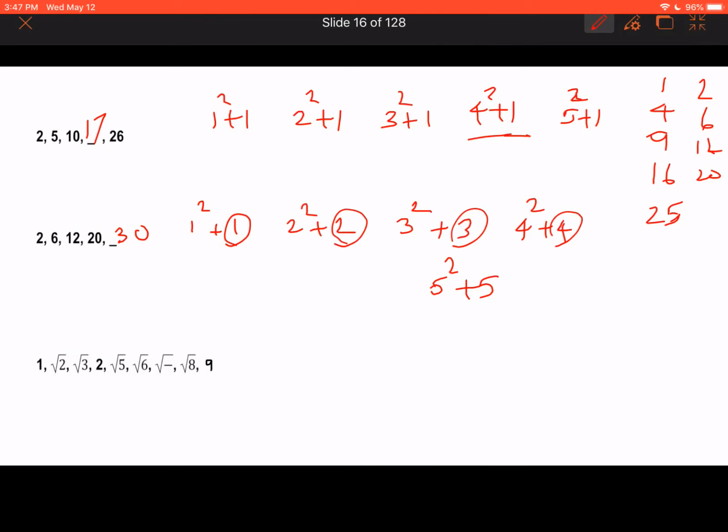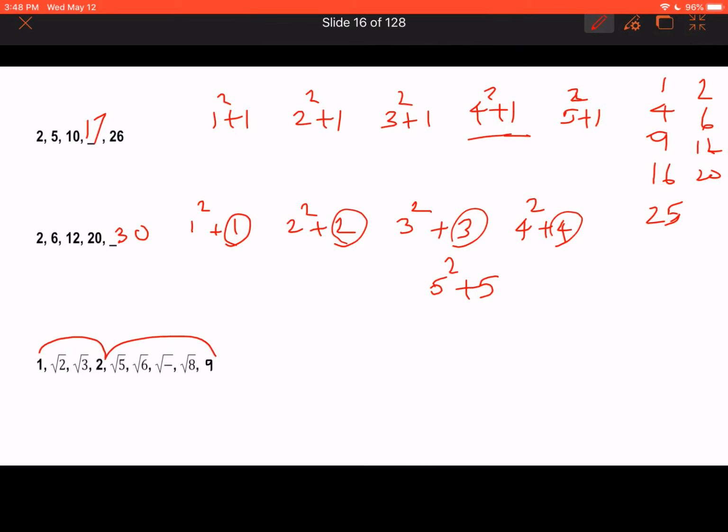Okay, so this is a fun problem. 1, root 2, root 3, 2, root 5, root 6, and what we have to find, root 8, 9. So there is a relation, right? 1, 2 and 9.